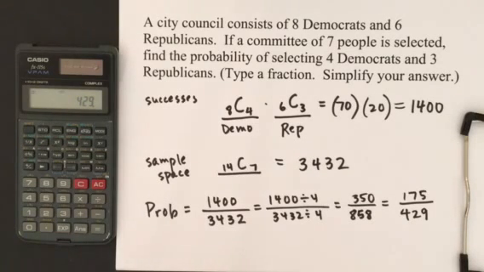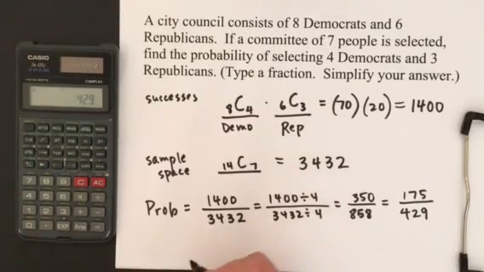I'm looking at 175, and I'm thinking, now that's 25 times 7. And 25 is 5 times 5. I'm going to write that here. 175 is 5 times 5 times 7. So if this fraction can be reduced, it would have to be reduced by either 5 or 7.